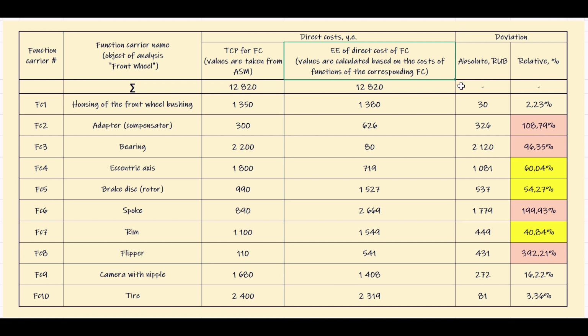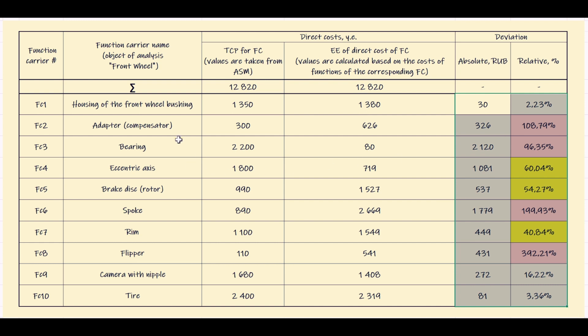Moreover, in the slide with the discrepancies of significance for the front wheel, we see much larger discrepancies between the actual cost and the costs determined by the expert method based on the magnitude of the significance of the function carriers. Similar absurd deviations are associated with the individual effect characteristics of the mid-level abstract functional model.